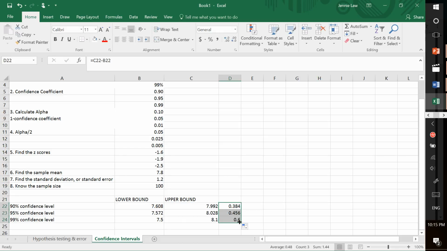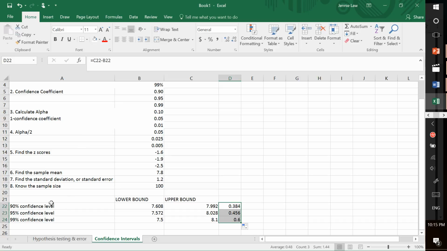What you can see here is that the difference between the upper and lower bound actually gets wider. You have a bigger distance between your lower bound and your upper bound with the higher confidence level. And this is what really is contributing to the additional probability that you will have type 2 error. That's what this is showing right here.